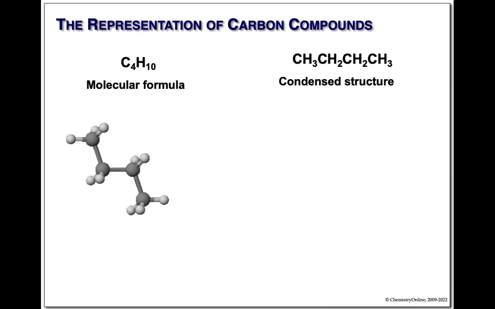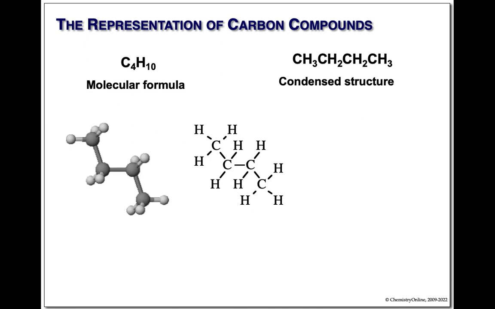This is called a condensed structure. This is very common. If you look at this, we have a CH3, CH2, CH2, CH3, and we just string them together. The assumption is that all of these carbons are bonded together, just like they are here.